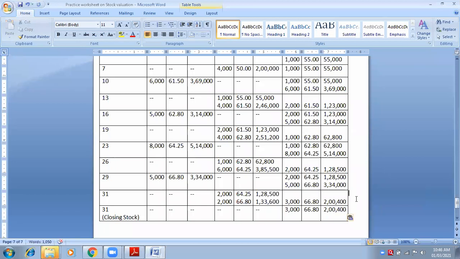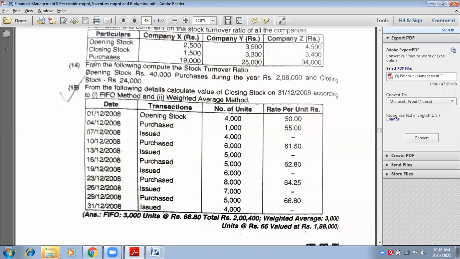Now is it clear how we need to solve the FIFO method? It was just a revision, because for the last 2-3 days we were doing only the weighted average method. So I thought to give you a quick revision of the FIFO method also, and I hope you are now confident with both methods. You can check the answers also.